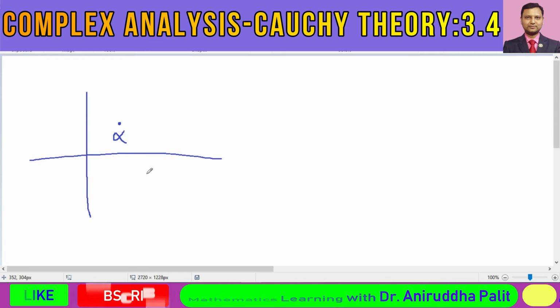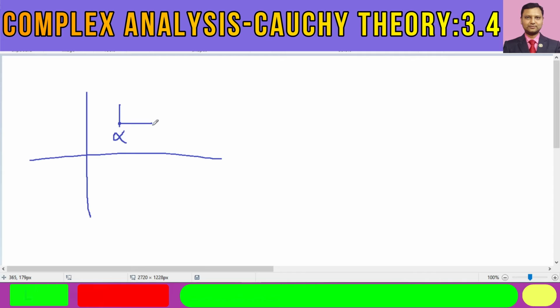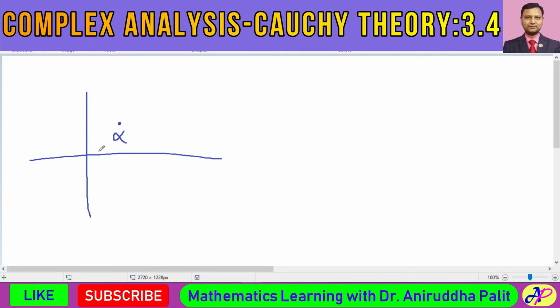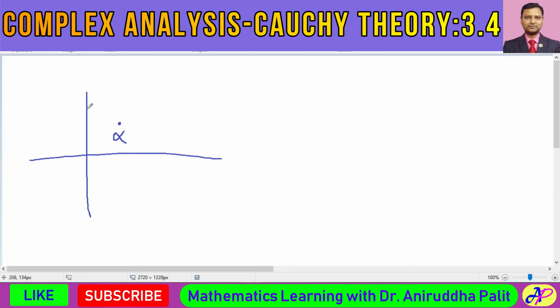However, over here we are drawing a circle around this point alpha, because you can easily shift the origin to the point alpha. So it is a matter of shifting the origin. Forget it. We are just considering a circle around the point alpha, maybe a circle of any arbitrary radius. So over here, this is not a good circle.